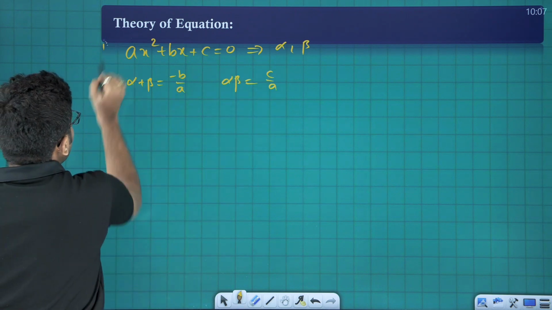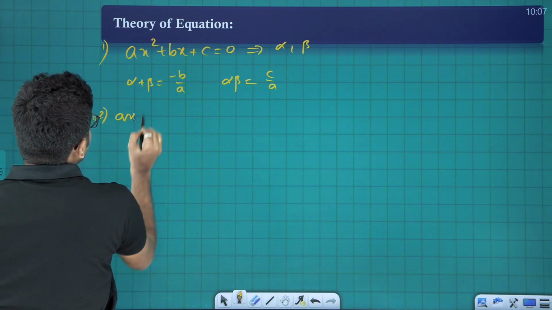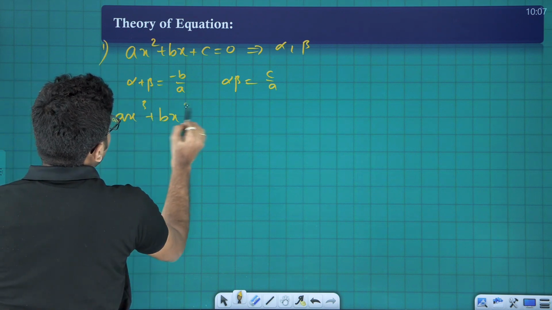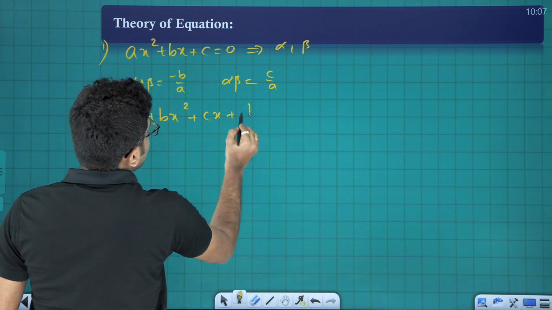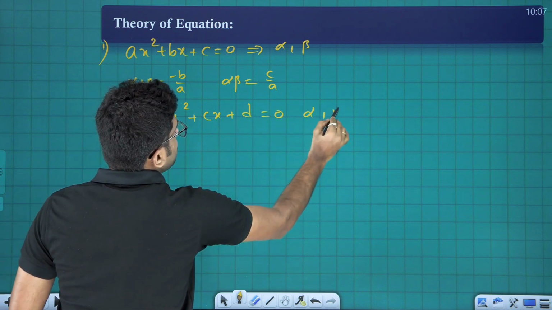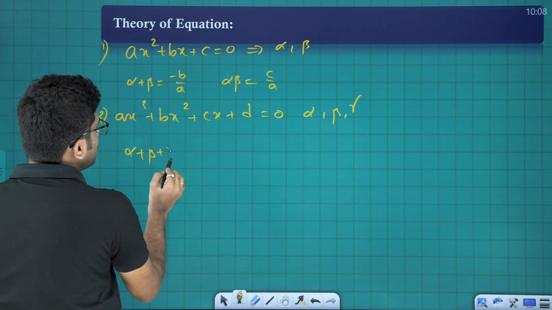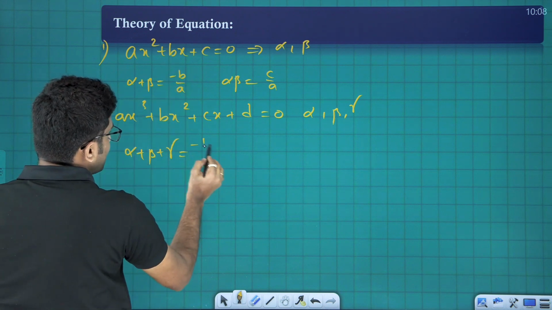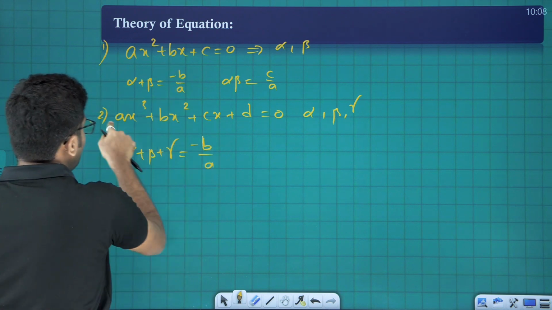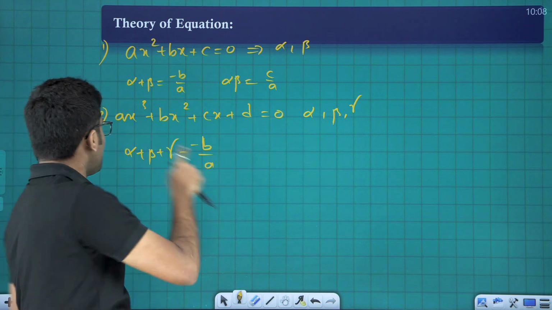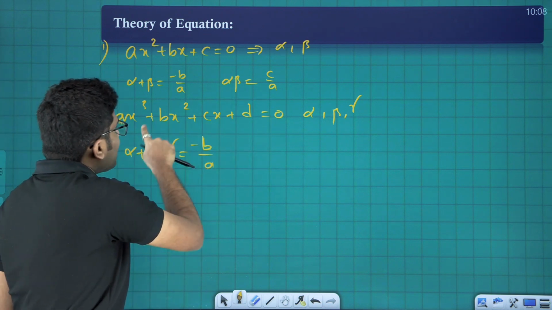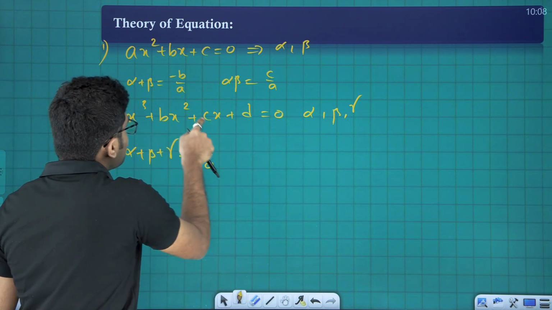Suppose it is a cubic equation, ax cube plus bx square plus cx plus d is equal to 0, where the roots are alpha, beta, gamma. Then the sum of the roots will be minus b by a. We start from a with alternate plus minus signs: plus, minus, plus, minus.